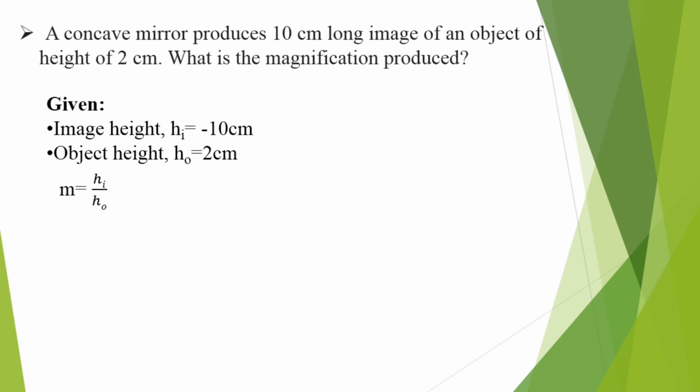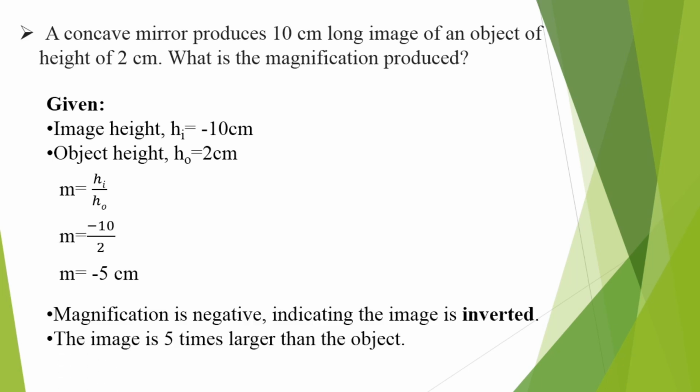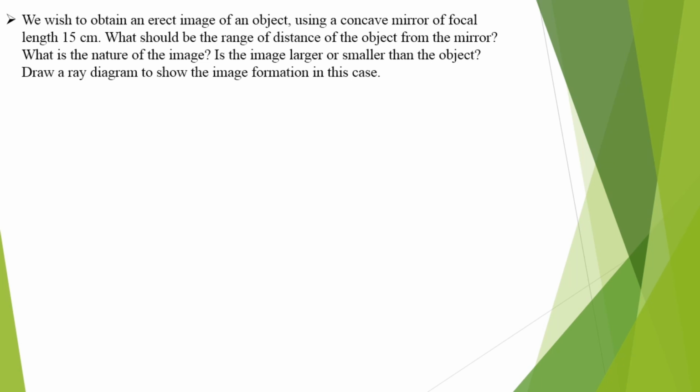Because the concave mirror here produced a real image. So m is equal to hi divided by h naught. Substitute the values of hi and h naught. Minus 10 divided by 2, that is equal to minus 5. Magnification is negative, indicating the image is inverted. The image is 5 times larger than the object.